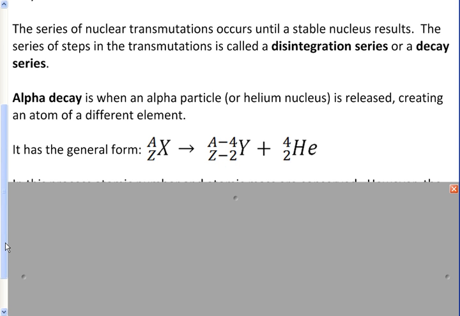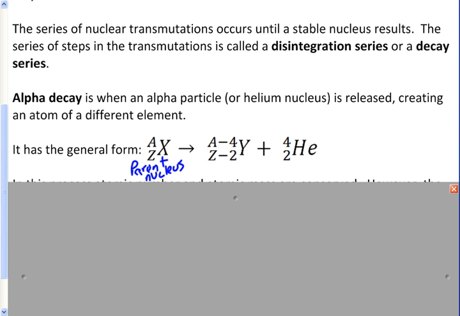Now, this is called the parent. It can be called the parent nucleus or parent atom, or parent isotope, but the main idea is that we're dealing with a parent. And usually we're talking about the nucleus because we're changing protons.